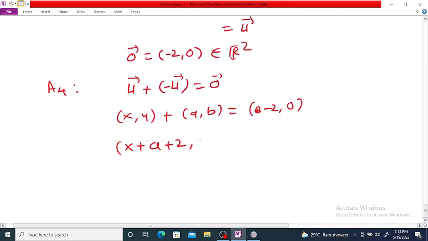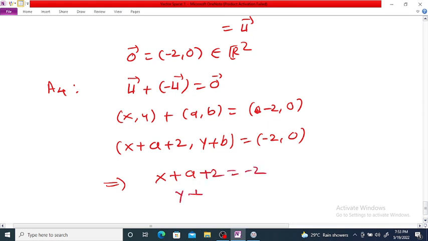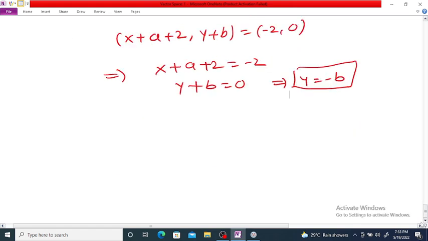So x plus a plus 2 is equal to minus 2, and y plus b is equal to 0. From this we get y is equal to minus b, and x is equal to 2 minus 2, that is minus 4 minus a.